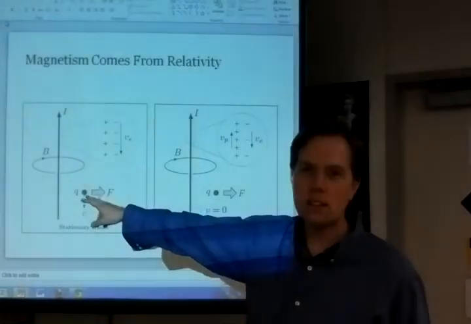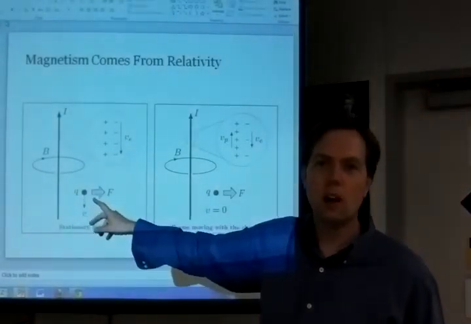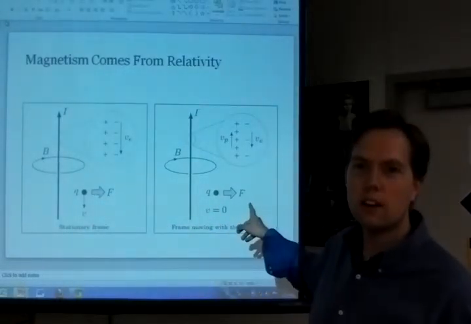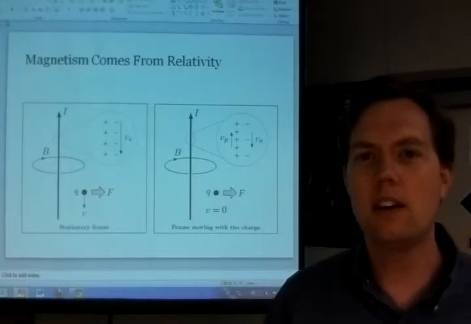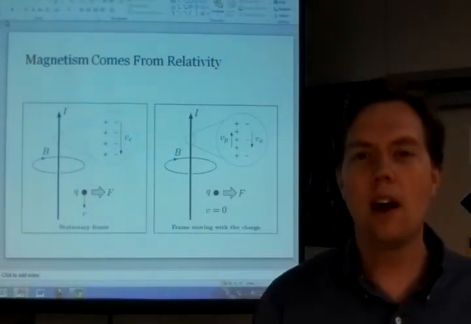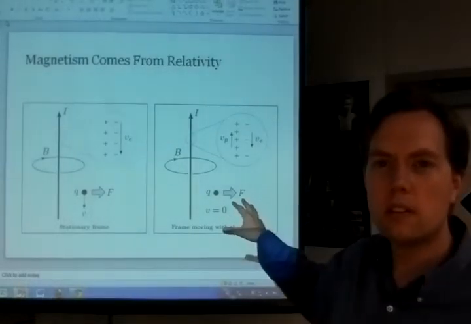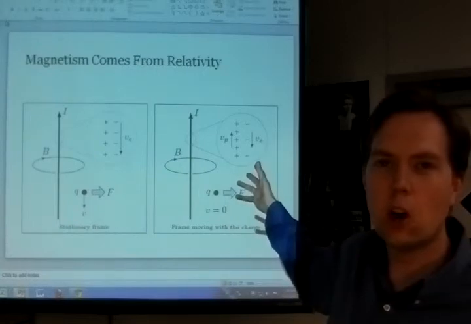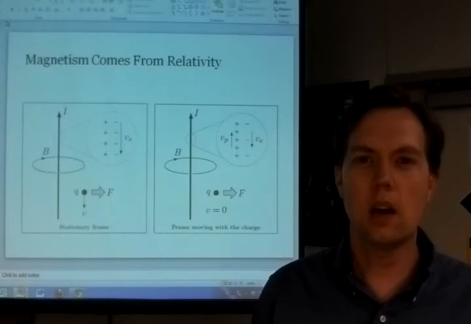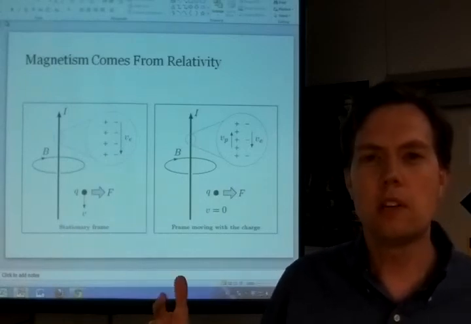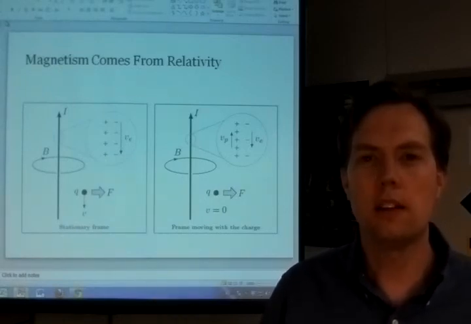In the one case, I've got a magnetic force, and in the other case, I've got an electric force. And so this shows in a very neat and compact way how the electric force, combined with some relativistic arguments, can explain where the magnetic force is coming from, and really brings together and unifies the entire subject.